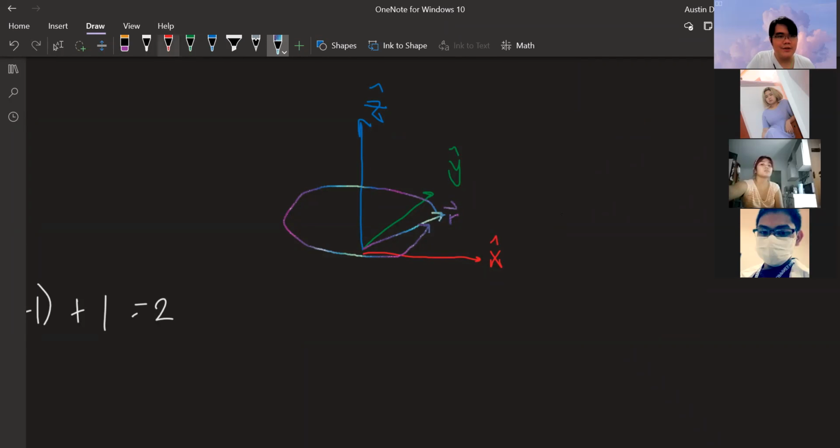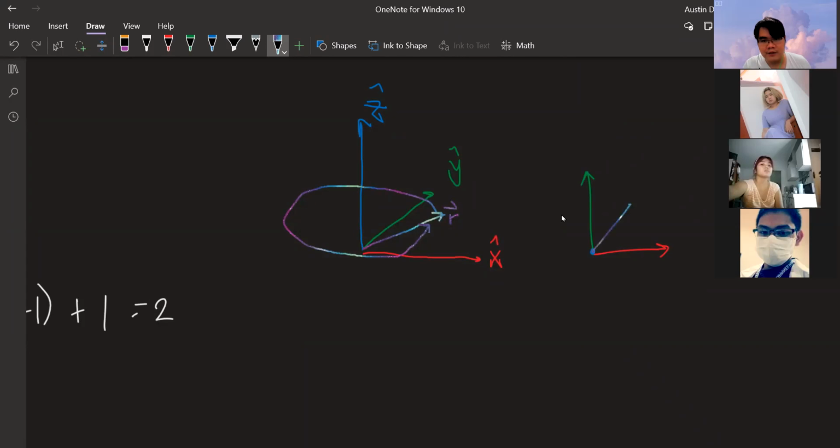So sulat natin yung top view natin, top view nung bagay na to. So ayan. Nasa top view tayo ngayon. And then titingnan natin si r hat from the above.